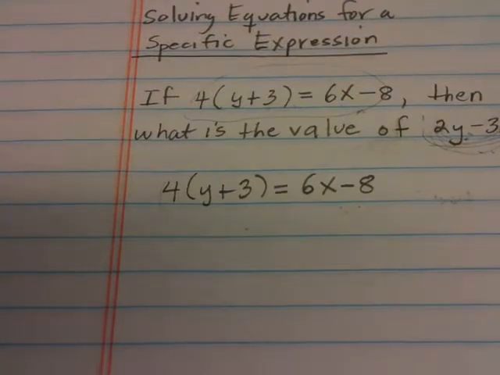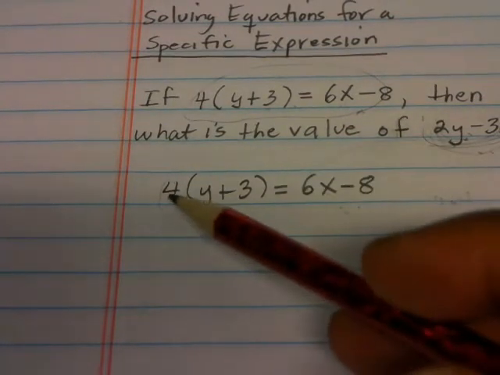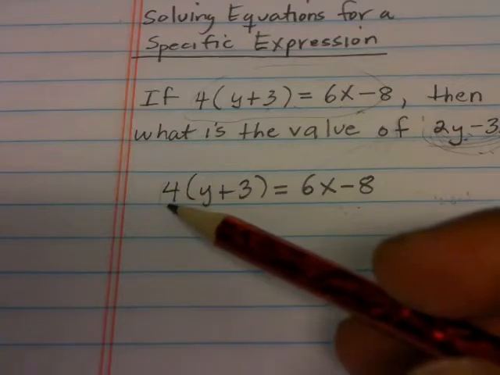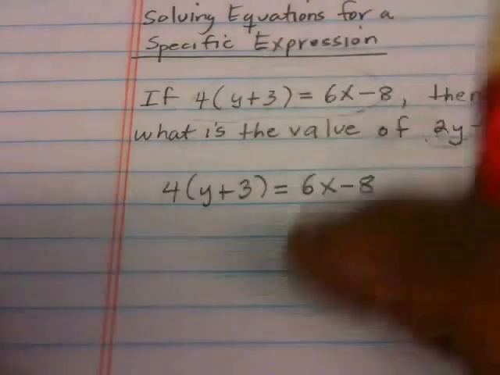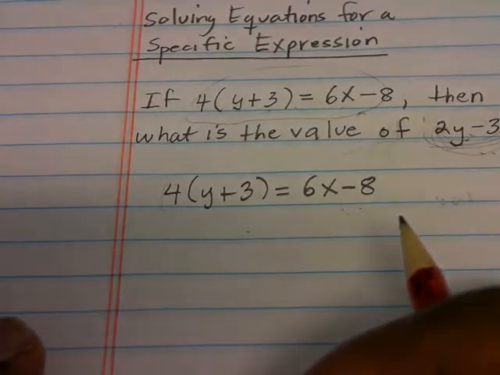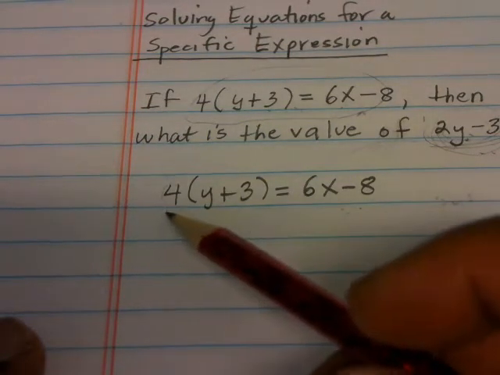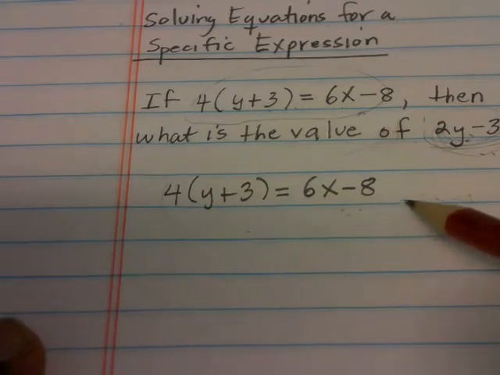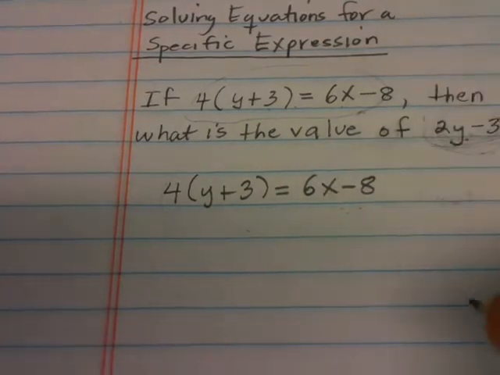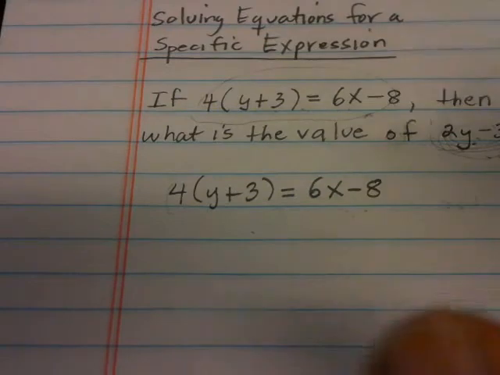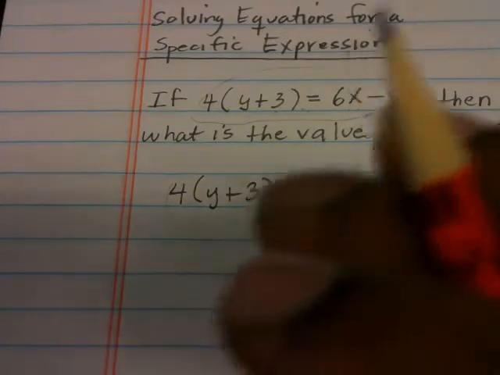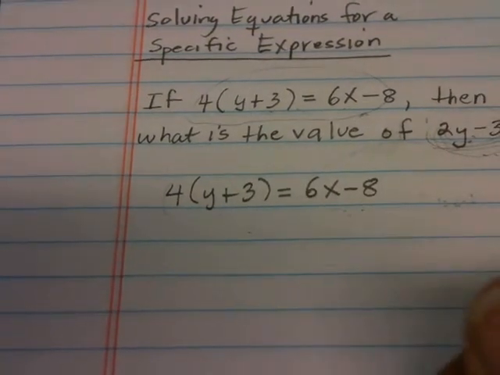So this is one of the cases where you can use the multiplicative inverse if you can get rid of all of your whole number values or factors. But if you divide by 4 on both sides, you're going to have a fraction, and let's avoid that. Let's only use it if we can cancel out whole number integers.